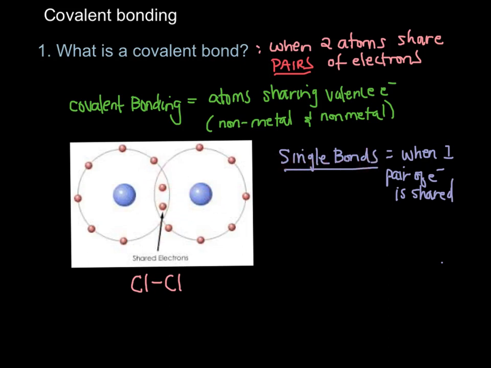And when I say a pair or one pair of electrons, I mean 2 electrons total. So you represent a single bond. You could go like this and show a pair of electrons being shared, but you mostly see it written like this. So the pair is represented by a dash.